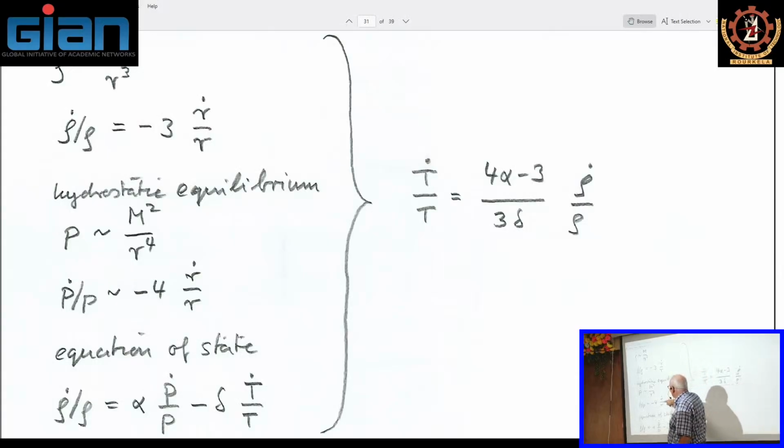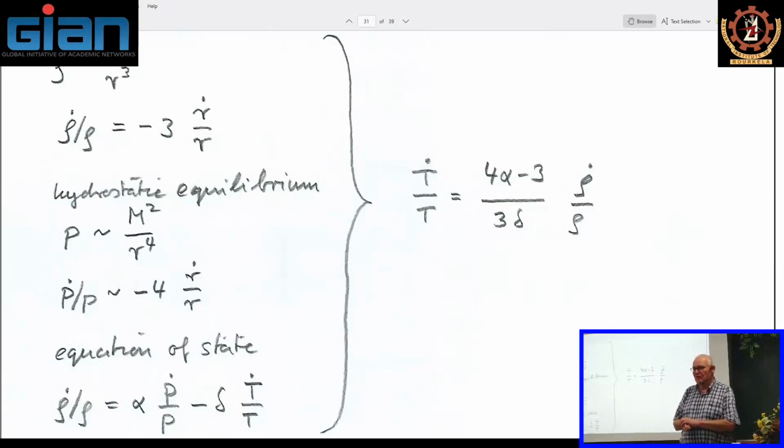Eliminate r dot over r, then we have P dot over P as a function of rho dot over rho, and we insert the P dot over P as a function of rho dot over rho here. Then we get a relation for T dot over T as a function of rho dot over rho. Okay, everybody satisfied?